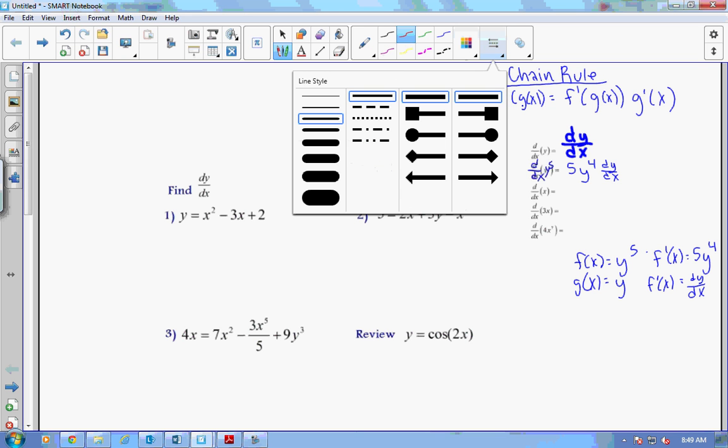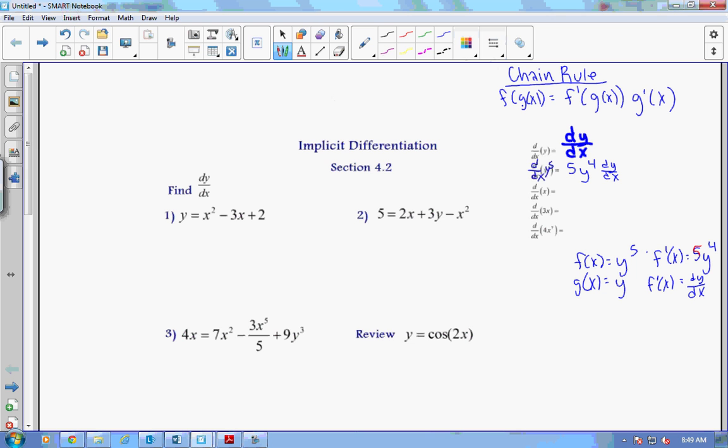So f prime was 5y to the 4th, which we have. Is g inserted inside? Yeah, it's right there. G was y. And then we have this times dy dx.